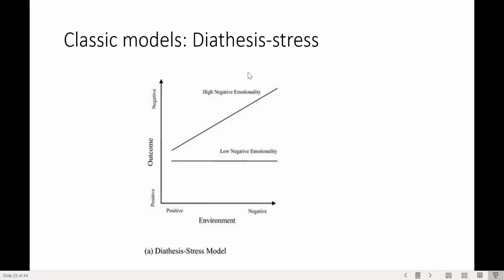So it could be, for example, negative emotionality, and in positive environments there's a relatively low negative response and a relatively high positive response. And then we have these individuals that are relatively resilient. But the idea is really that we have stressors, environmental stressors, that push some people towards more negative outcomes.